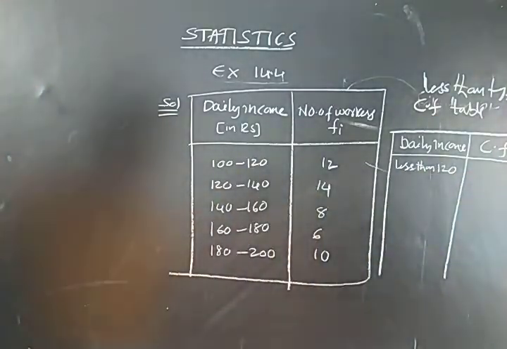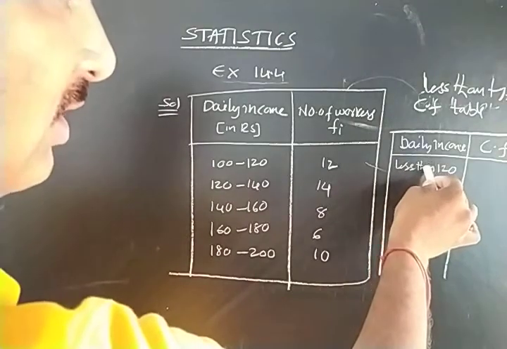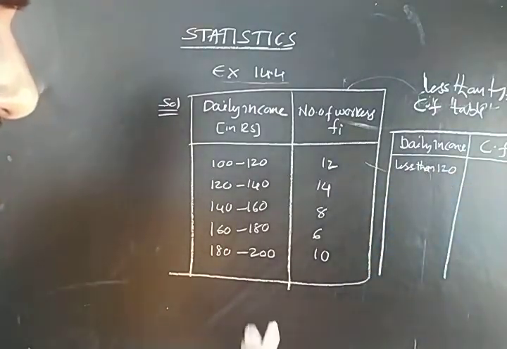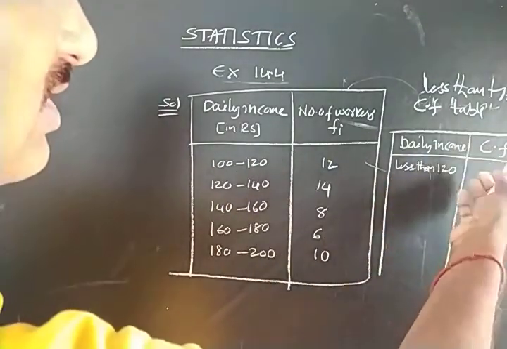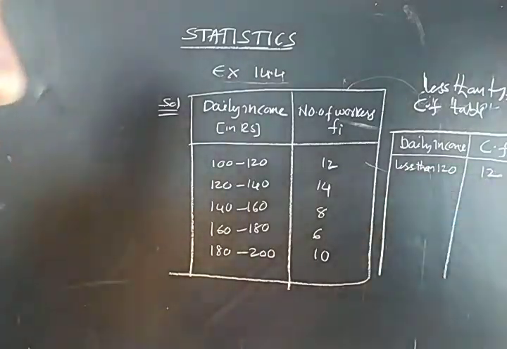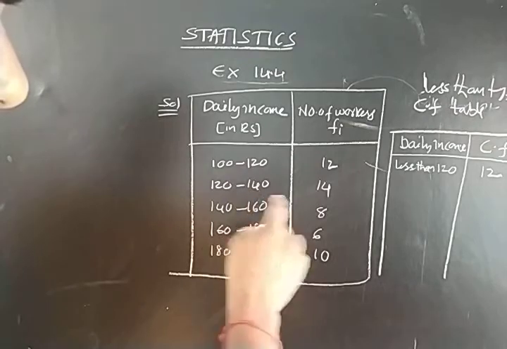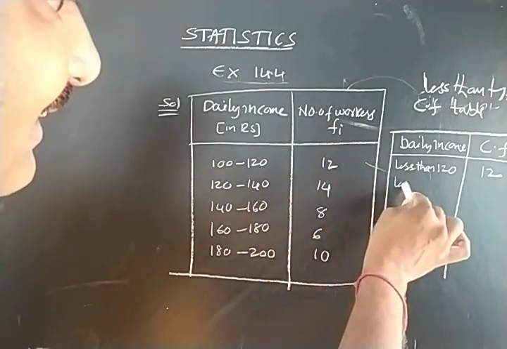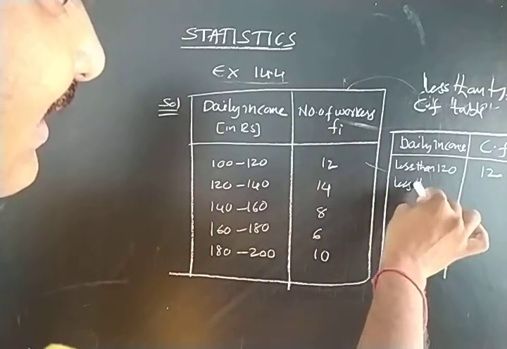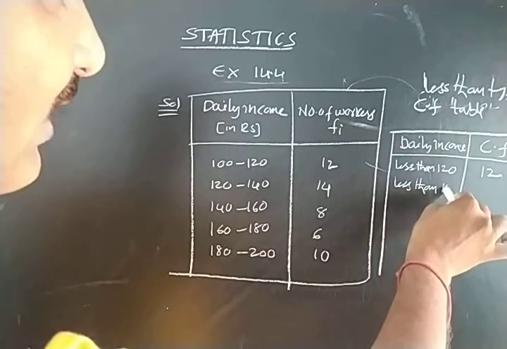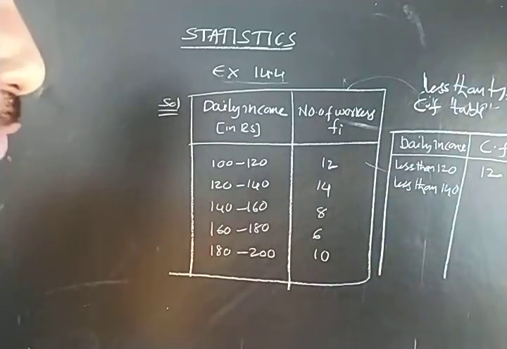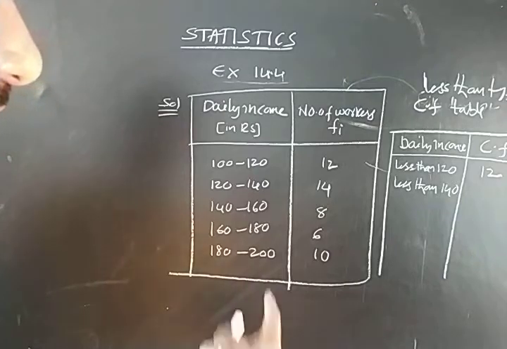Less than 120 rupees, how many workers are getting? 12 workers. Okay, first one correct. Now for the second one, taking the upper limit, we write less than 140 rupees. How many workers are getting less than 140?